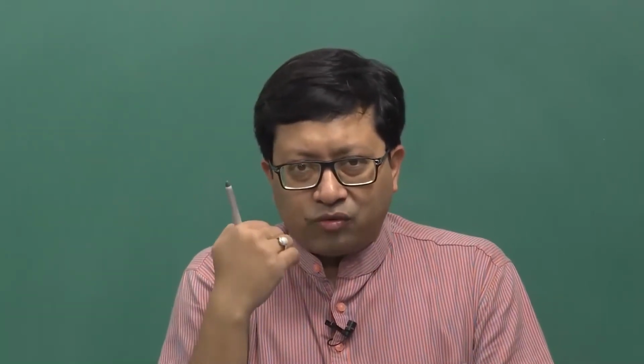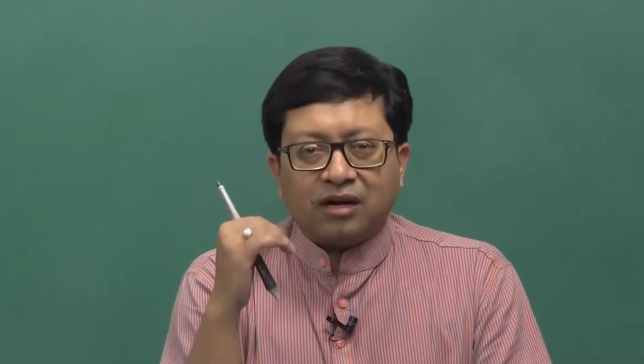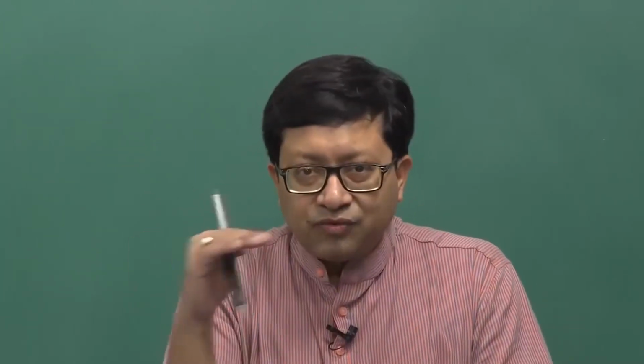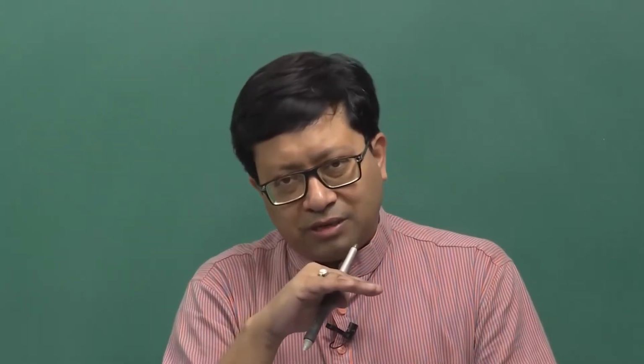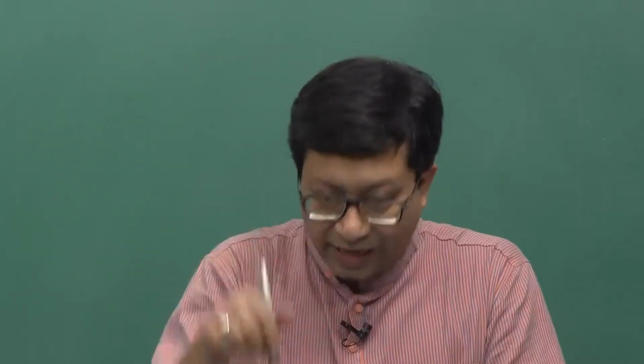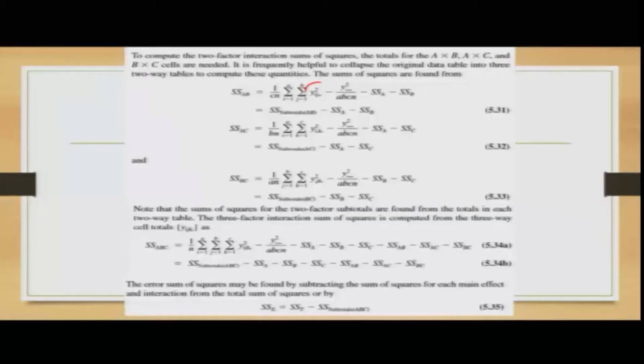Now, if it is AB, it means that I am taking the factors of A and B considering C, the third one, being summed out for the whole set. Similarly, the number of observations N is being summed out for the whole set.